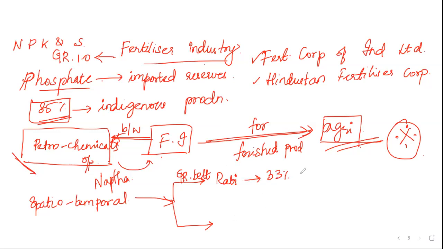Whereas, this Green Revolution Belt, the region of maximum utilization of fertilizer resources, is an area of roughly about 30%. Only in 30% area, the rabi crops are grown, which constitutes around 33% of the total agricultural output.